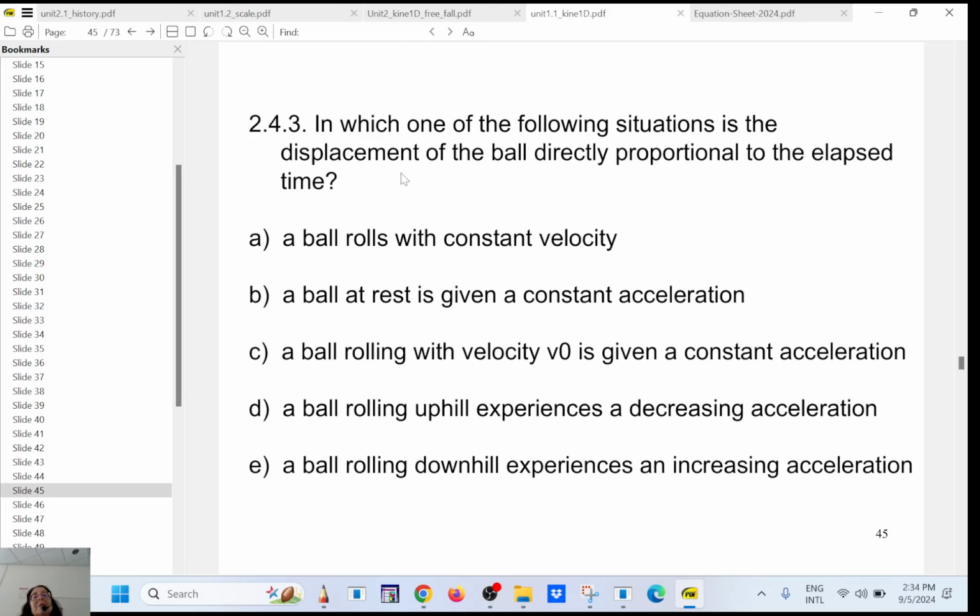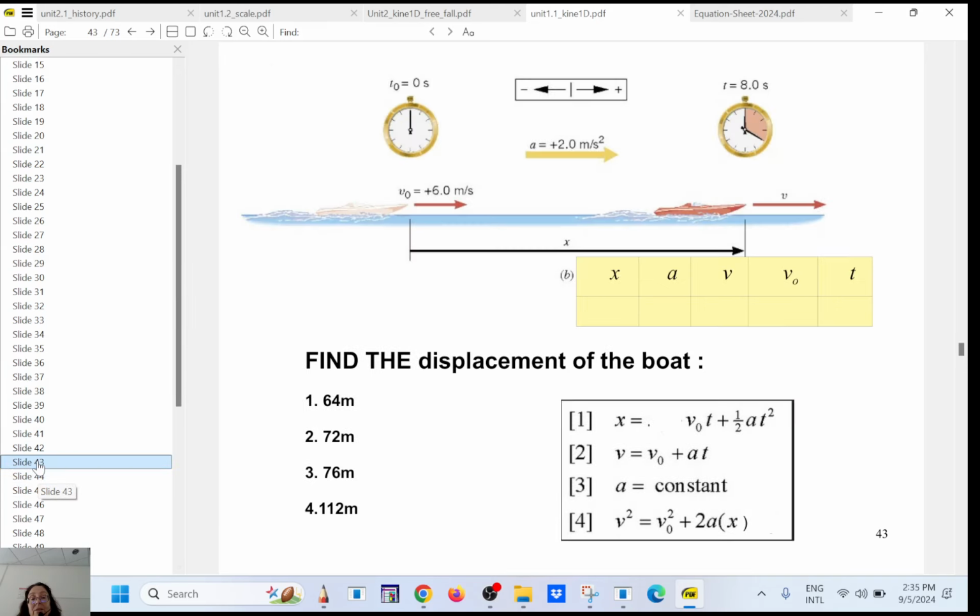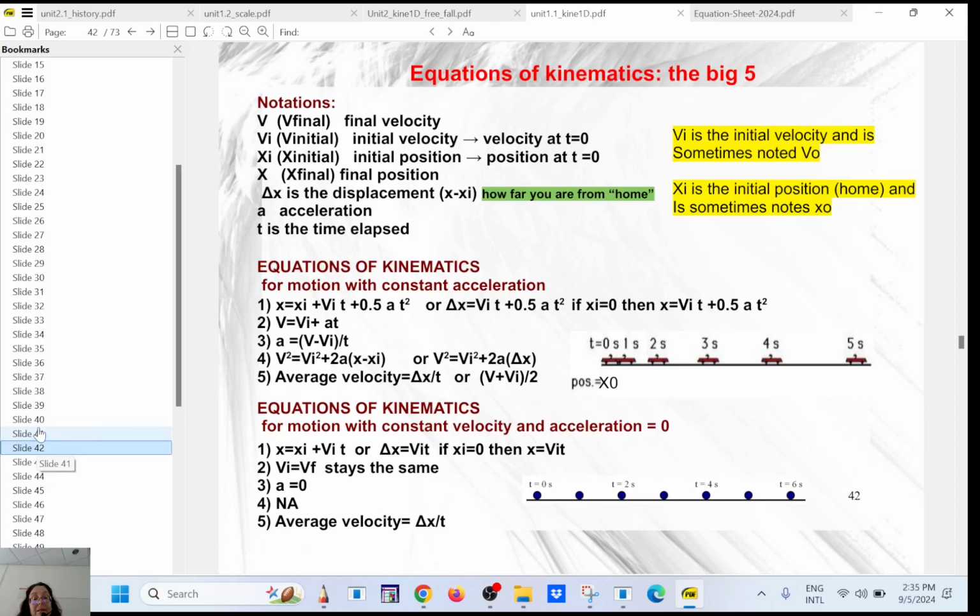So the displacement is proportional to the elapsed time only when you have a constant velocity. No, so if you have an acceleration, remember you have a parabola.